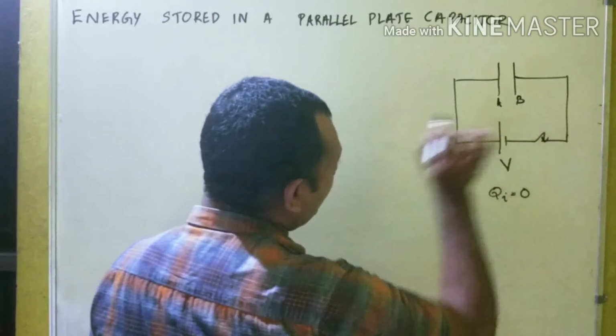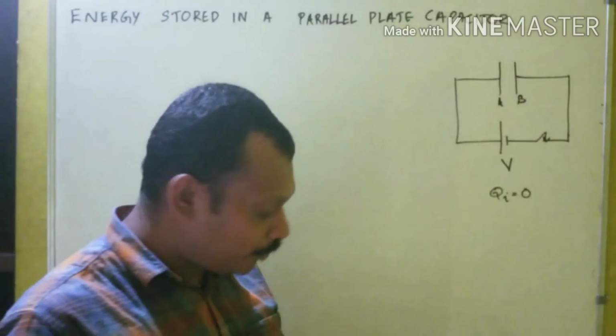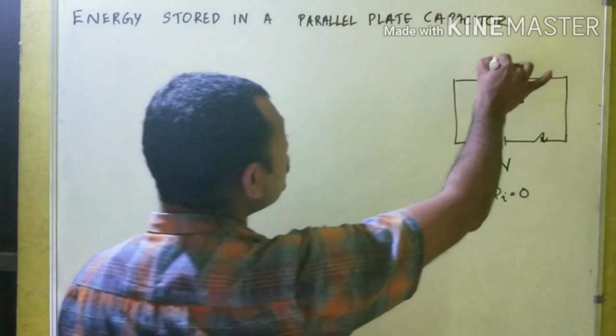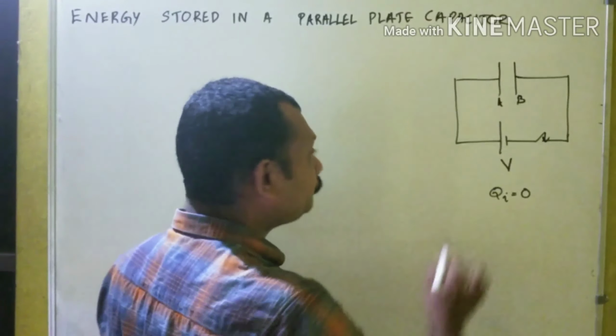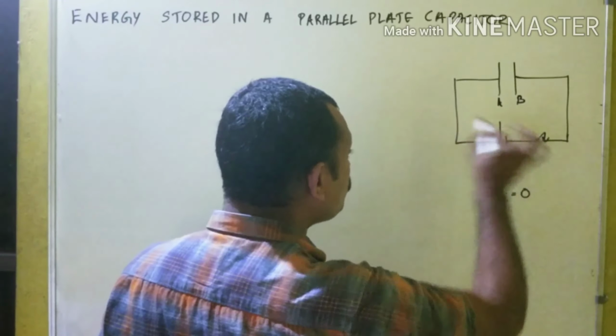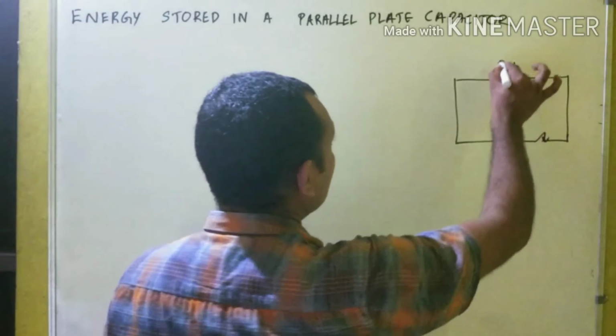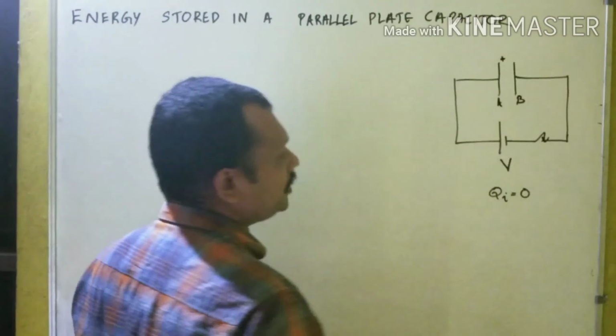Since plate A is connected to the positive terminal of the battery, electrons from this plate will flow to the positive terminal of the battery, leaving it positively charged.